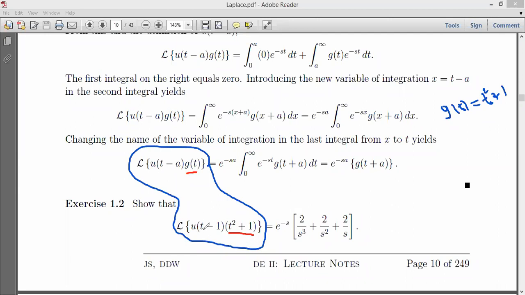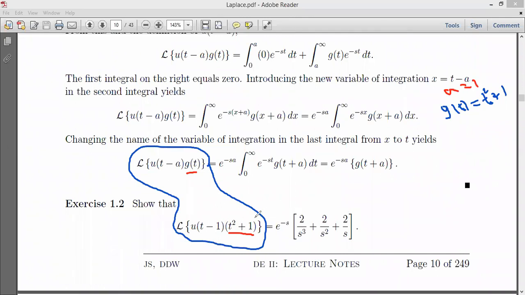Then we have t minus 1. This is t minus a. So what do we have as a? This tells us that the a here is actually 1. So our a is 1.